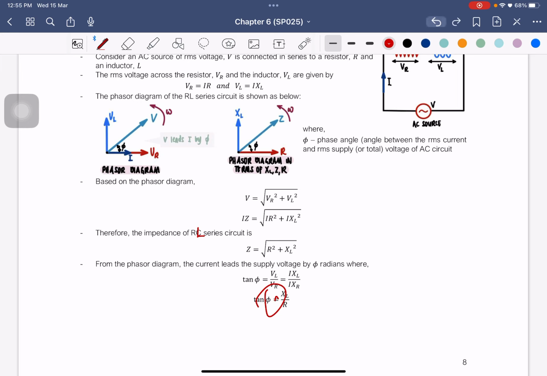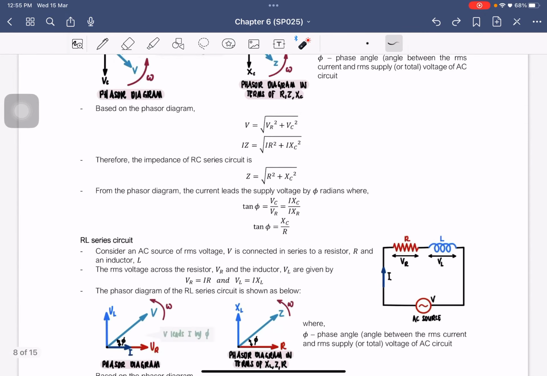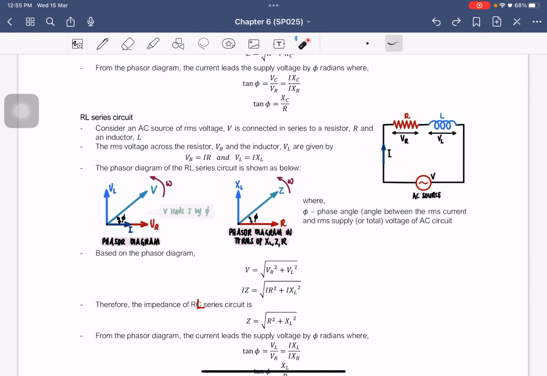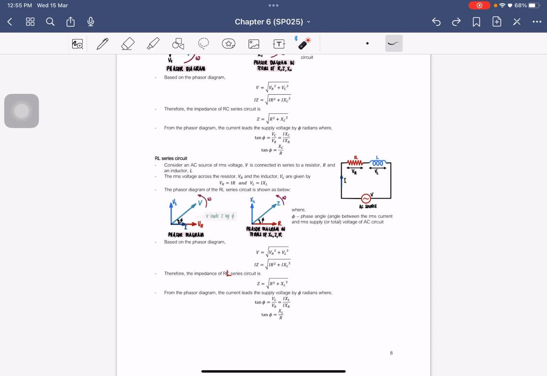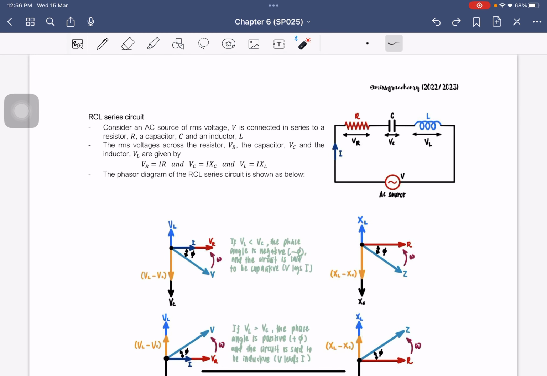Okay, so yang itu kamu just perlu calculate, pindah tangent tu di sebelah. Alright, so dia jadi shift tangent. Okay, so that is RC and RL. I hope you don't have any problem in that. But basically what you need to know is just remember that this is how you calculate the impedance untuk each of it lah. Right?